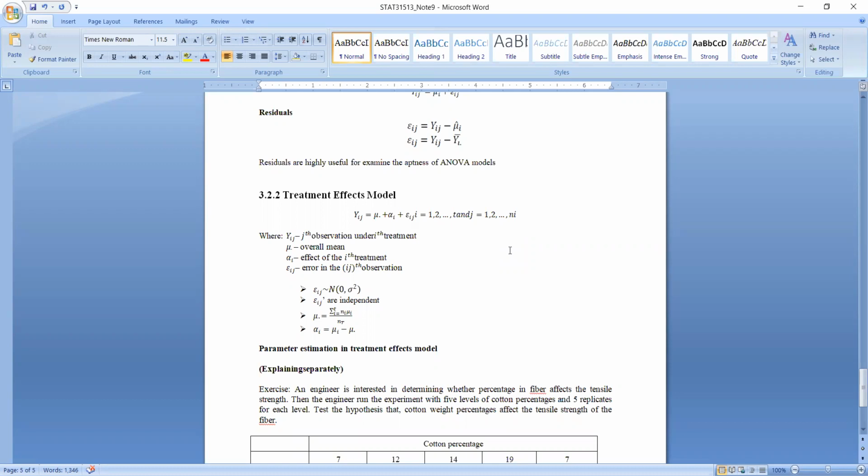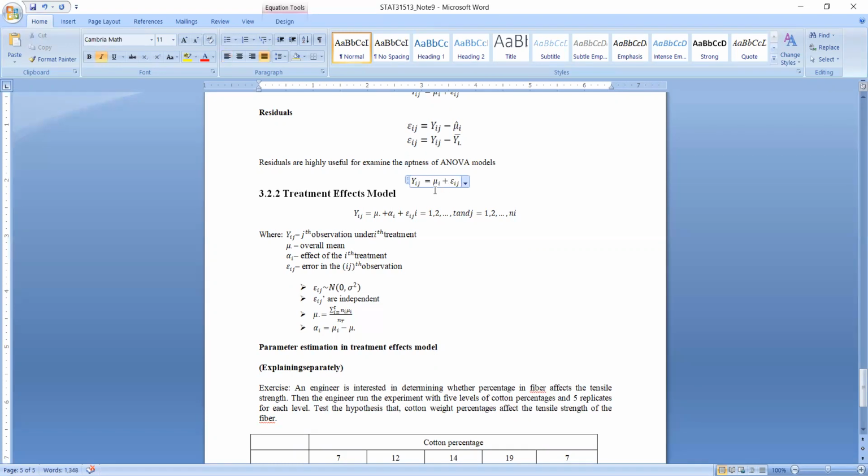Okay, so if you have no problems, now when it comes to this completely randomized design, we can go with this treatment means model. Now when you look at this treatment means model, the model that we just discussed here, we are talking about the overall treatment mean.